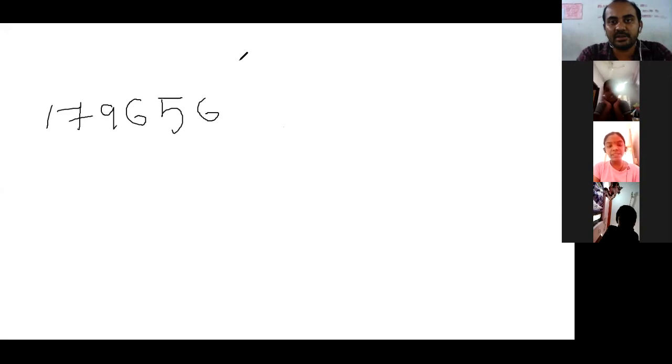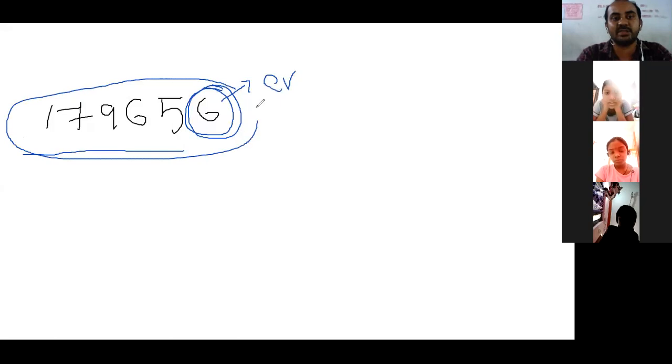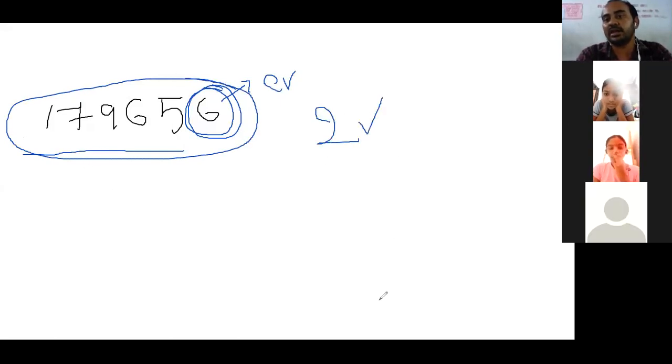Because the last digit, the unit place digit, is 6. 6 is an even number, and that's why the complete number is divisible by 2. Clear?